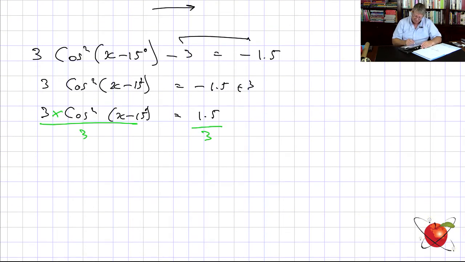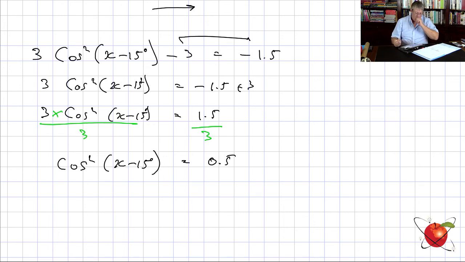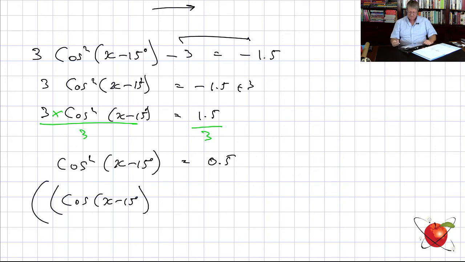Cos squared of x minus 15 degrees is equal to 0.5, if I'm not mistaken. Okay. Like that. Now I change that squared to cos of x minus 15 degrees, right? All squared. Get used to the double brackets here. I've got that equal to 0.5.